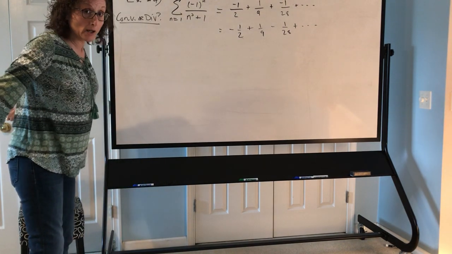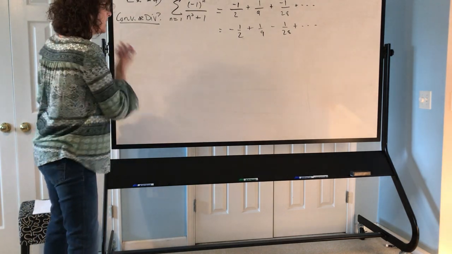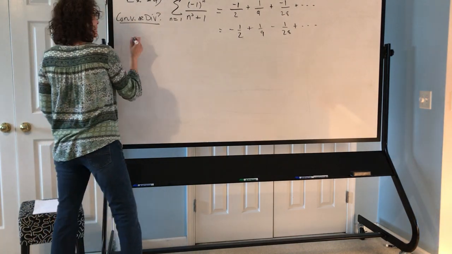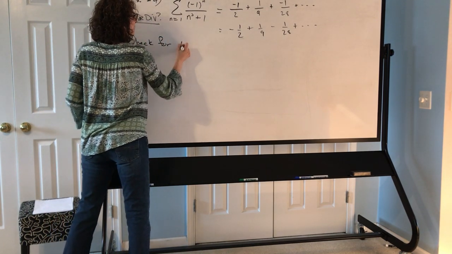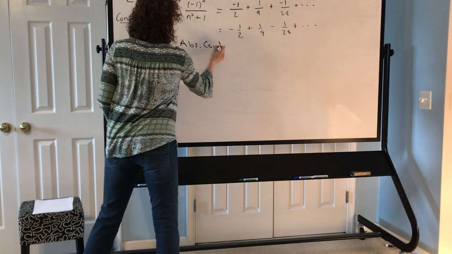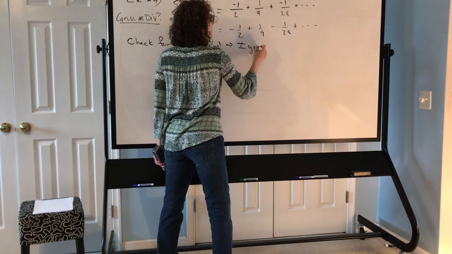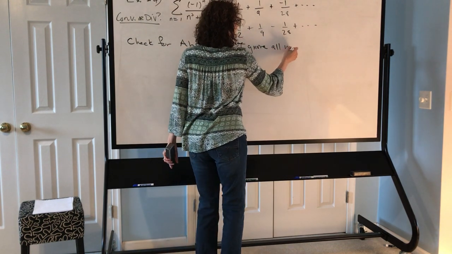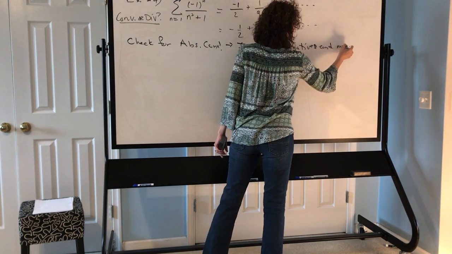So we have nothing except for our new result, which says, check for absolute convergence. Basically, ignore all the negatives and make them positive.